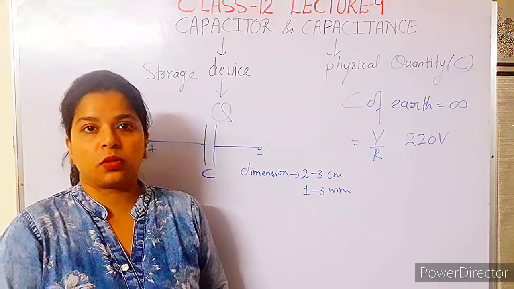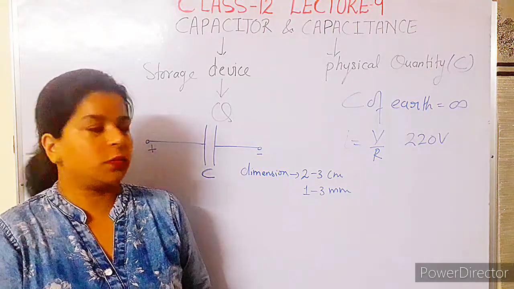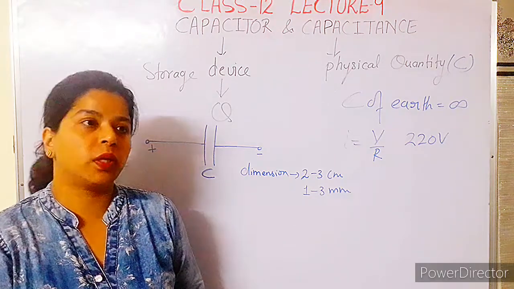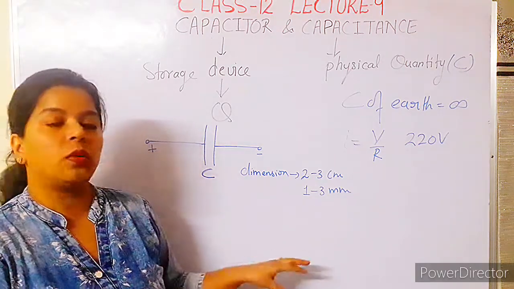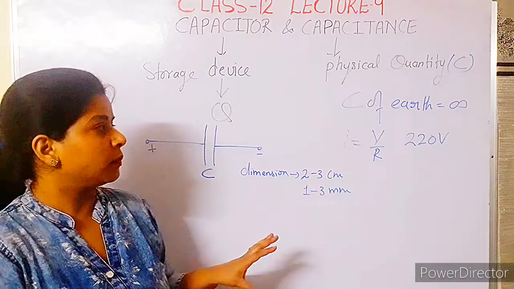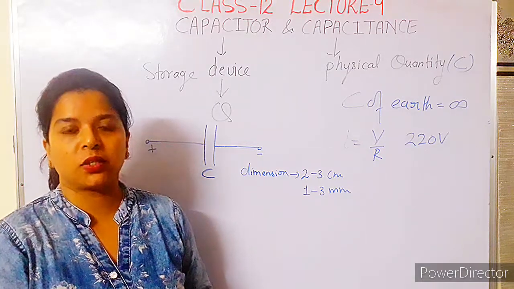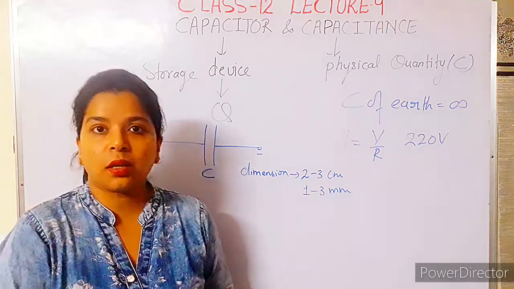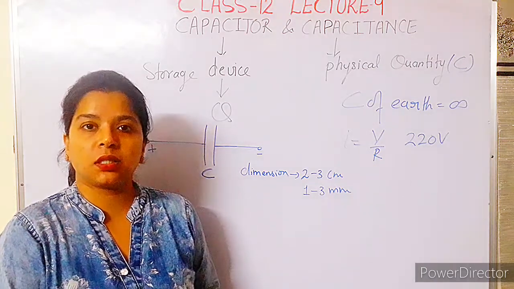You know that we always do earthing for every high voltage device. That third pin of the socket that is linked with the earthing, you read in class 10th. So why are we doing earthing? Because earth's capacity is infinity.